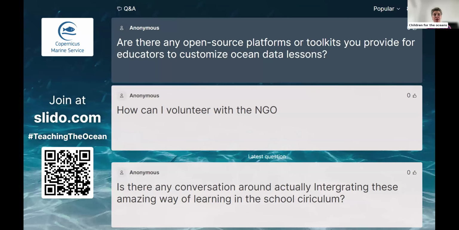And usually when young people intervene, many teachers let us know that they did not know so much about the ocean before, and they realize the lack in the educational curriculum.